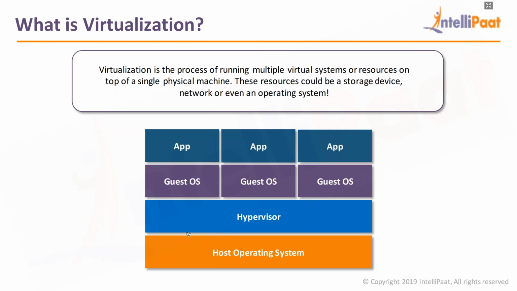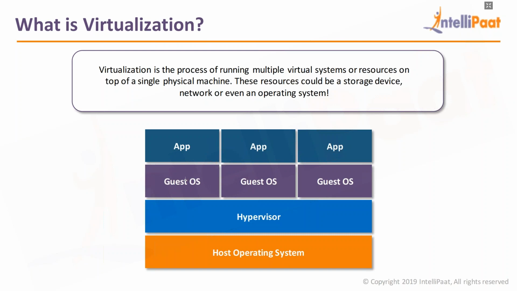If you try to understand virtualization from the diagram, you have the host operating system, in my case Windows, and then you install a hypervisor like Oracle VirtualBox. Then you run the guest operating system, like CentOS, Ubuntu, or any other operating system, and then you run your application.